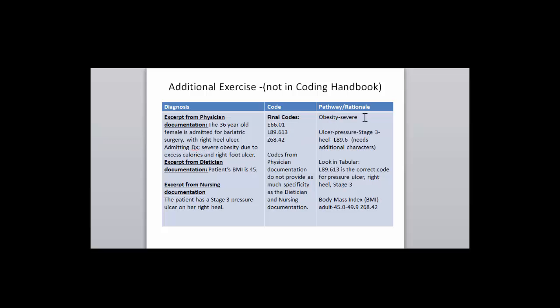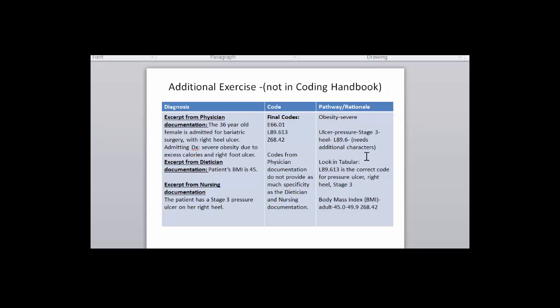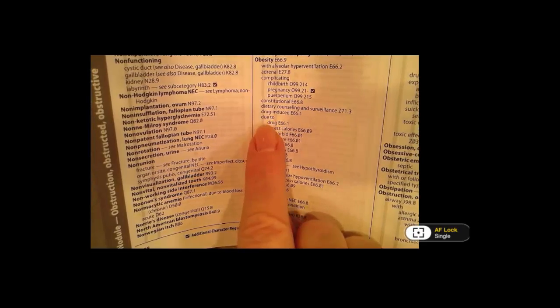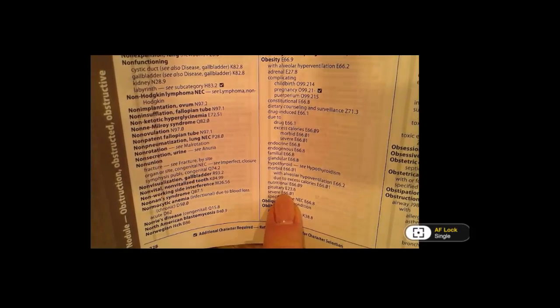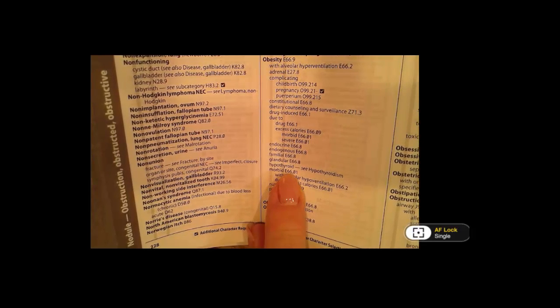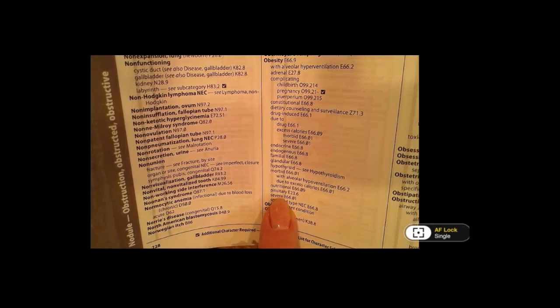Obesity, severe. Okay, we're going to go to the alphabetical index. Here's obesity. We can go down to severe, and it's E66.01. Notice also morbid, E66.01. Those words are sometimes used interchangeably.